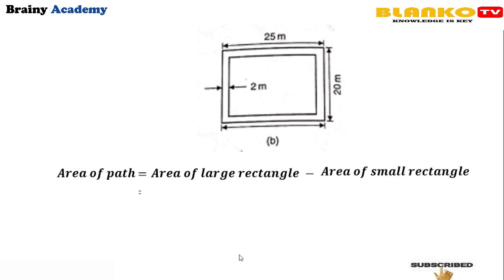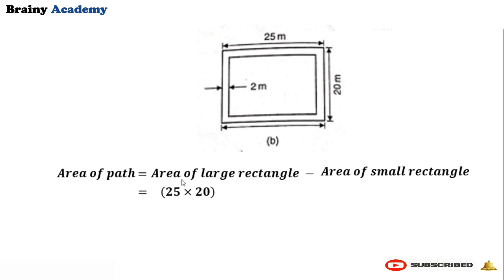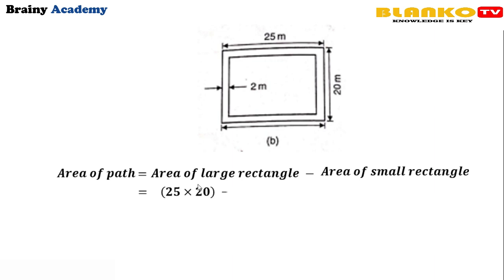So the area of the large rectangle is 25 by 20. The length is 25 and the breadth is 20. So we have 25 by 20 minus the area of the small rectangle, which is 21 by 16. That is, the length is 21 and the breadth is 16. So how did we get that?